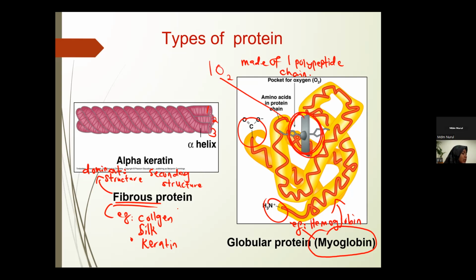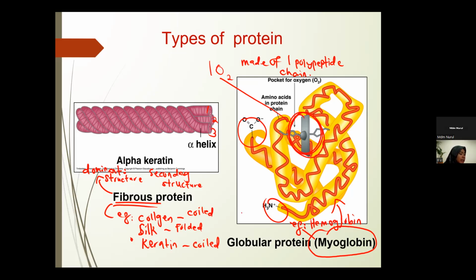Silk. So kita tambah nota. Collagen bentuk dia coil. Keratin bentuknya coil. Right? Silk bentuknya folded. Right? As for globular protein, right, we have myoglobin and hemoglobin.